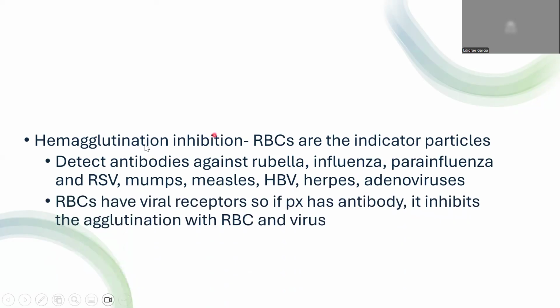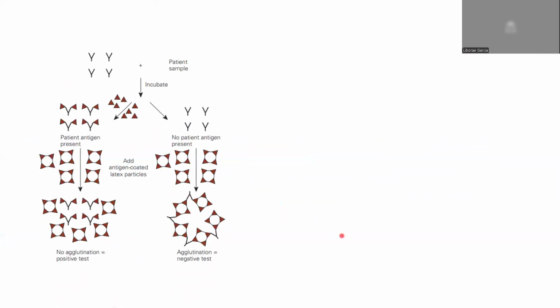So your RBCs have the viral receptors. So therefore, if the patient has the antibody, it inhibits the agglutination. So again, your positive here is inhibition of agglutination. So there is no agglutination. Okay? So this is an example of your agglutination inhibition.